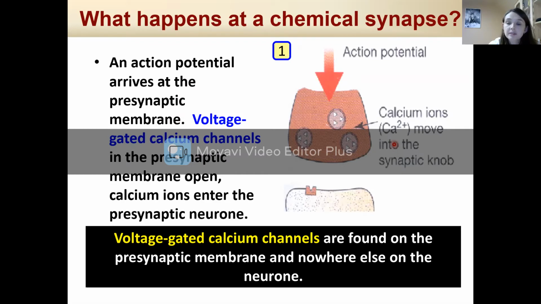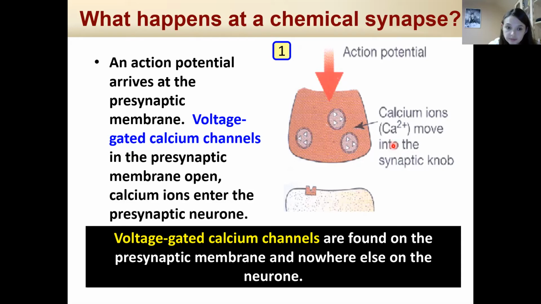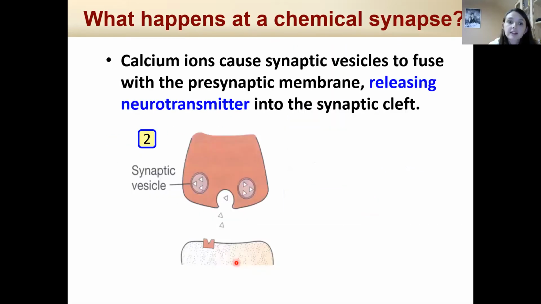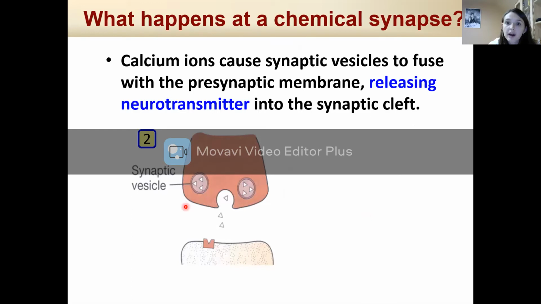Calcium will enter the presynaptic neuron. Voltage-gated calcium channels are found on the presynaptic membrane and nowhere else on the neuron. Second point, calcium ions will cause synaptic vesicles to fuse with the presynaptic membrane and release neurotransmitter into the synaptic cleft.